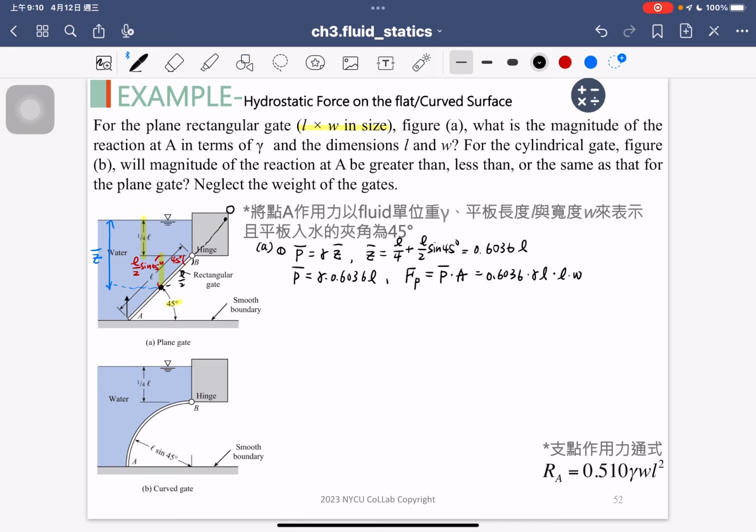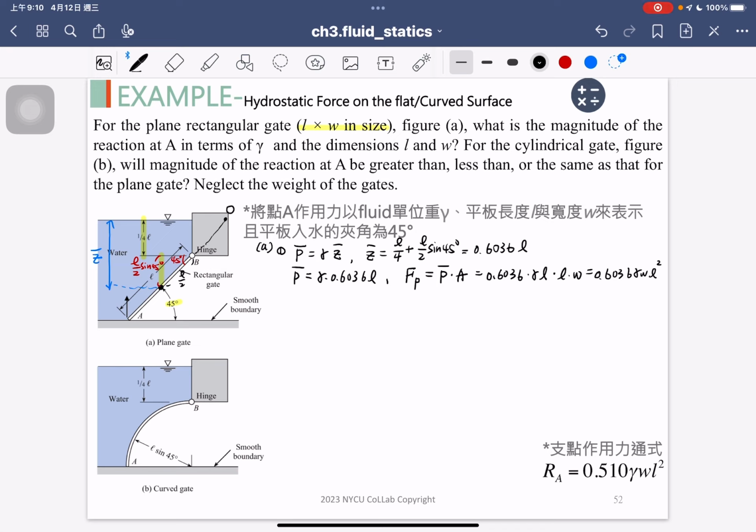So you know the hydrostatic pressure force is equal to 0.6036 gamma W L squared. Okay, so we have the hydrostatic force already.